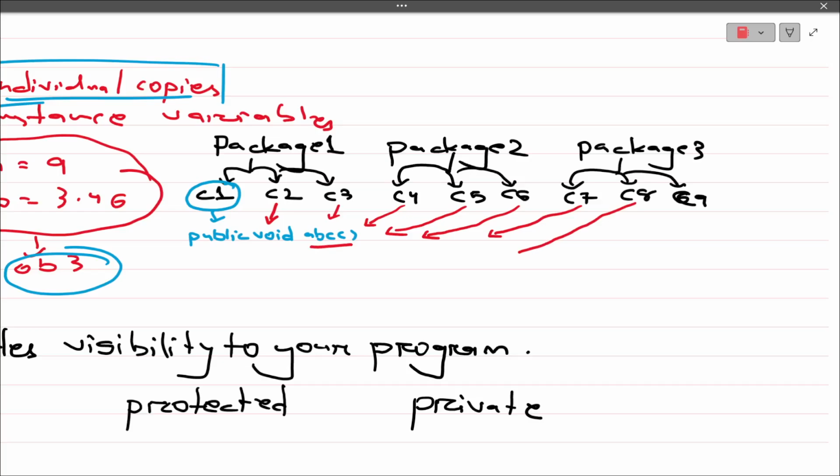Just make sure that you are able to understand this. Yes, that means all these class 4, class 5, class 6 of different packages also have the ability to access my ABC, which is of class C1.